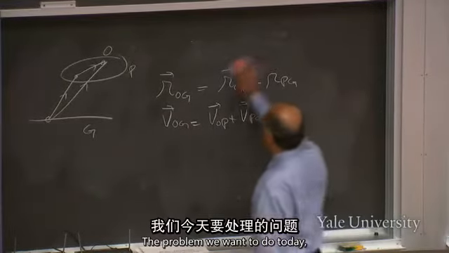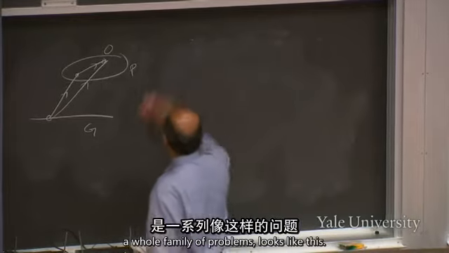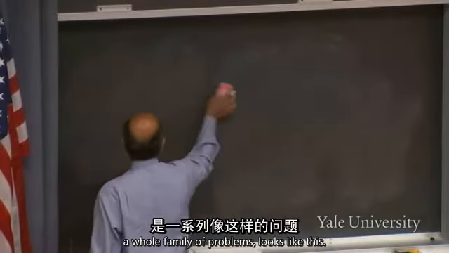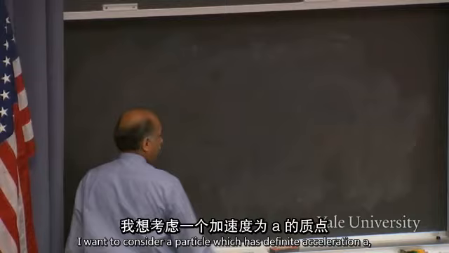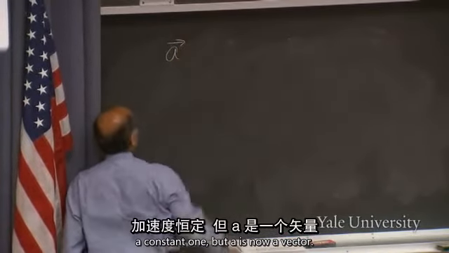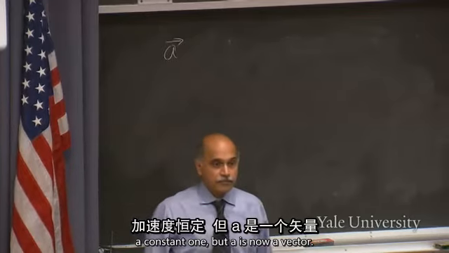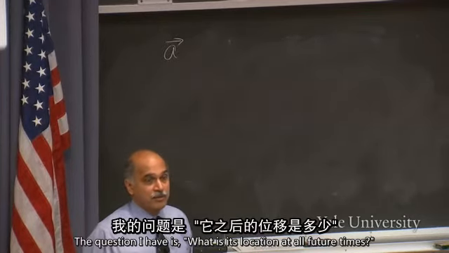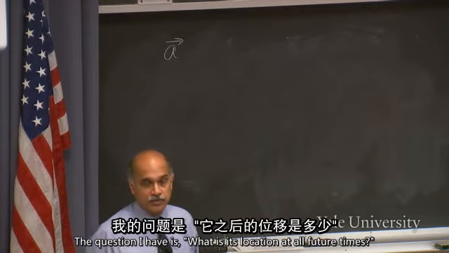Okay, the problem we want to do today, whole family of problems, looks like this. I want to consider a particle which has definite acceleration, a constant one, but a is now a vector. The question I have is, what is its location at all future times?